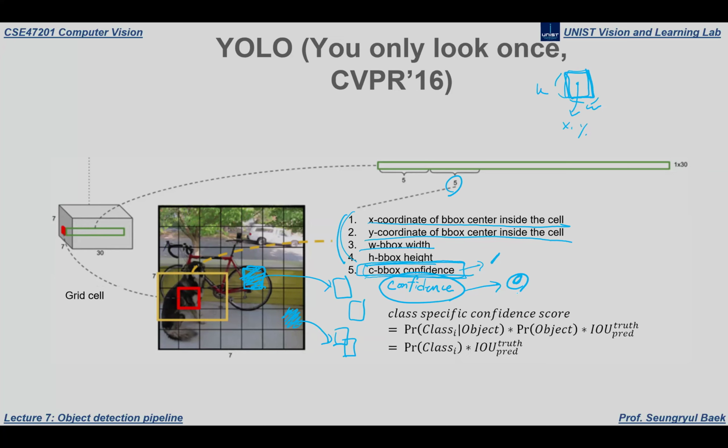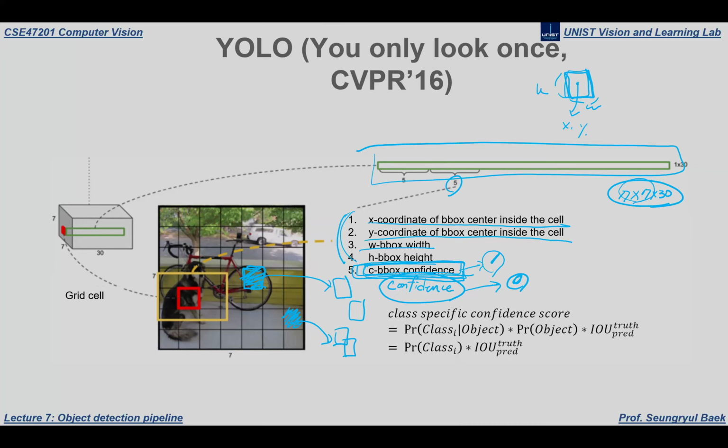So they make a ground truth for each grid cell when supervising this dimensional output. For each grid cell, they make this same dimensional output as the ground truth, setting this confidence value as zero if that grid cell has no object inside, but as one if it has an object inside.